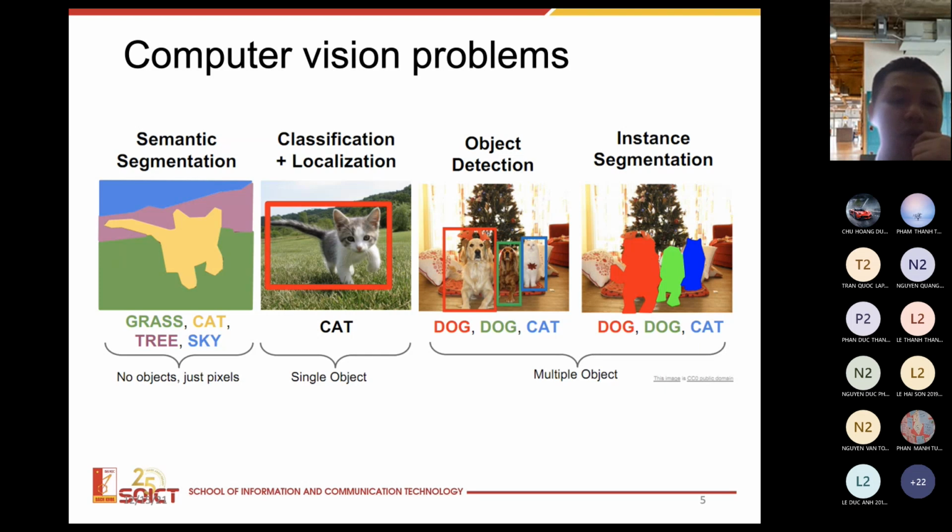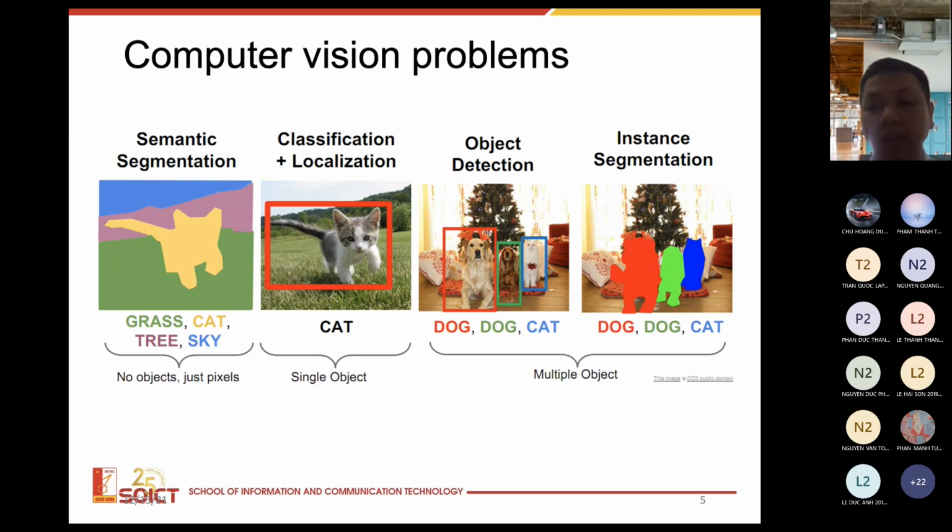For example, here we define 4 classes: grass, cat, tree, and sky. Our objective in semantic segmentation is to classify every pixel in the image as either grass, cat, tree, or sky, right? So no objects, just the classification of pixels in the image, right?